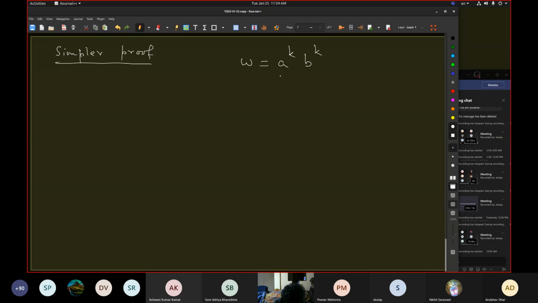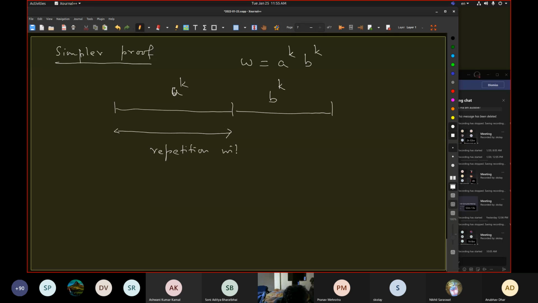Then I look at the behavior of the DFA on this a power k, b power k. This is my a power k, this is my b power k. If I restrict my attention only to this part, which is of length k, the repetition will happen here with absolute certainty.